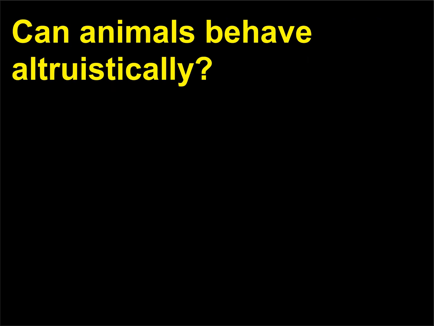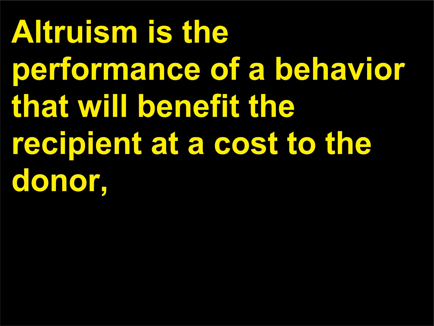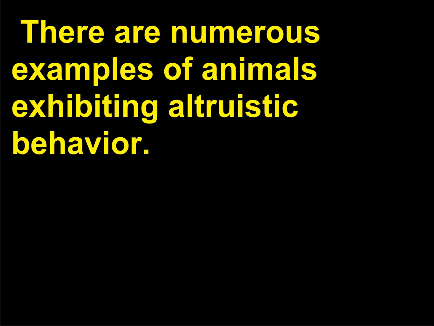Can animals behave altruistically? Altruism is the performance of a behavior that will benefit the recipient at a cost to the donor, such as risking one's life to save another. There are numerous examples of animals exhibiting altruistic behavior.